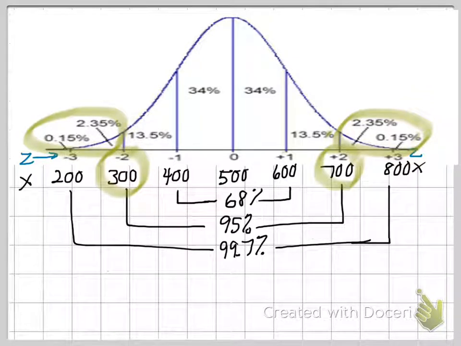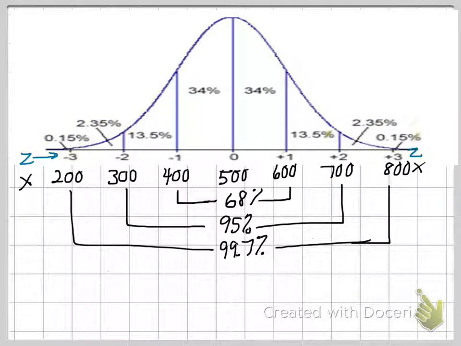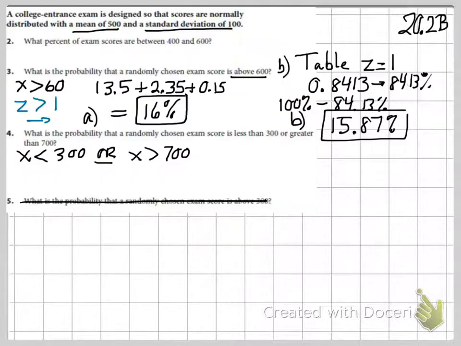Z's for 200. Okay? Positive 2 and negative 2. And take them off of there so that they won't be in my way when I come back to it. This is talking about z less than negative 2 or z greater than positive 2.